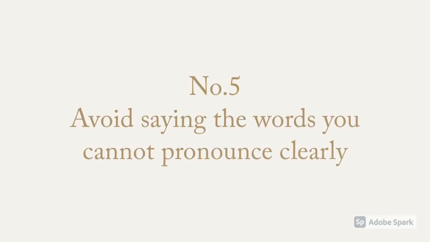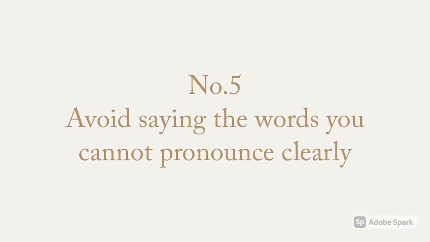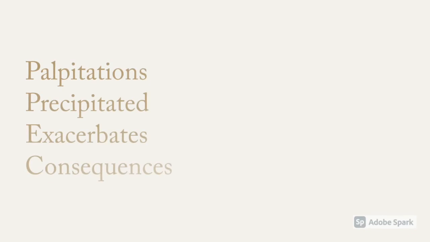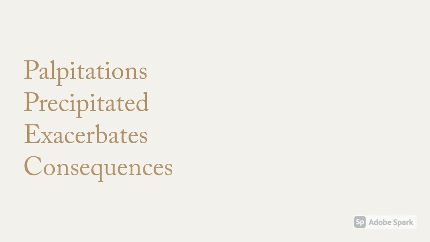Tip number 5, avoid saying the words you cannot pronounce clearly. So now try to pronounce these words: palpitations, precipitated, exacerbates, consequences. These are long words that are pretty hard to pronounce if you're not really familiar with them.